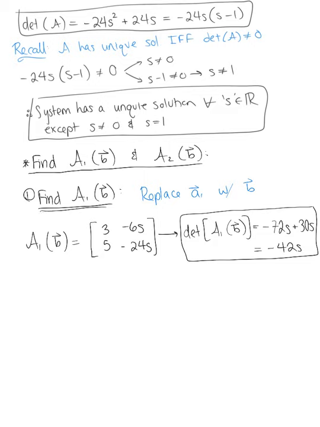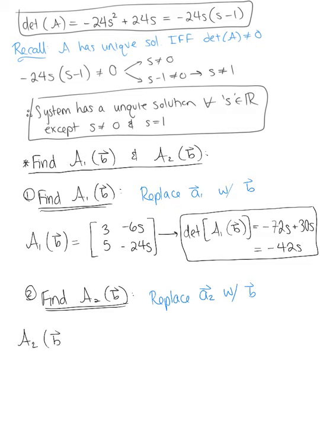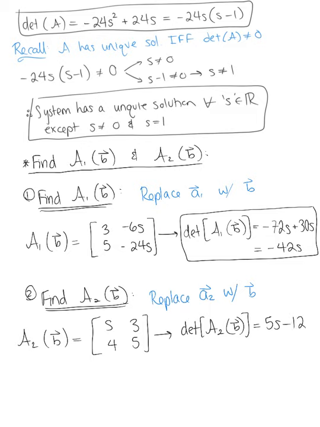And now we want to do a similar process to find matrix A sub 2 of vector B. And again, to find this matrix, we will replace the second column of matrix A with vector B. So the first column vector remains the same, that's still S, 4, and the second column vector now becomes 3, 5. And so using that 2 by 2 definition, we see that the determinant of this matrix is equal to 5S minus 12.